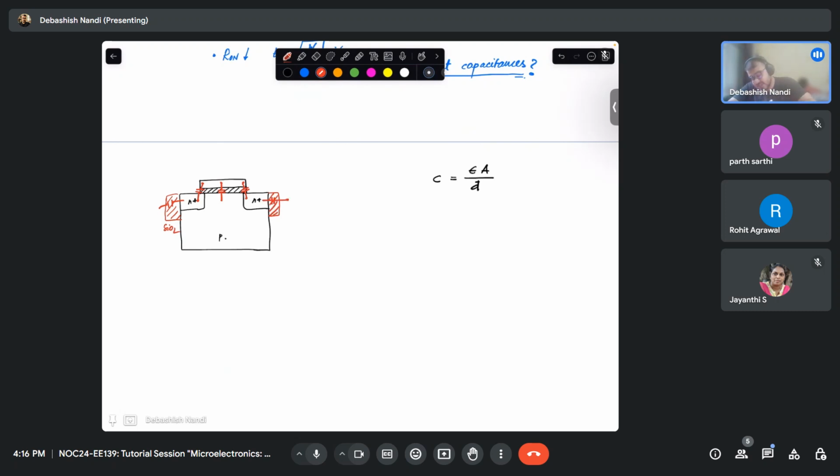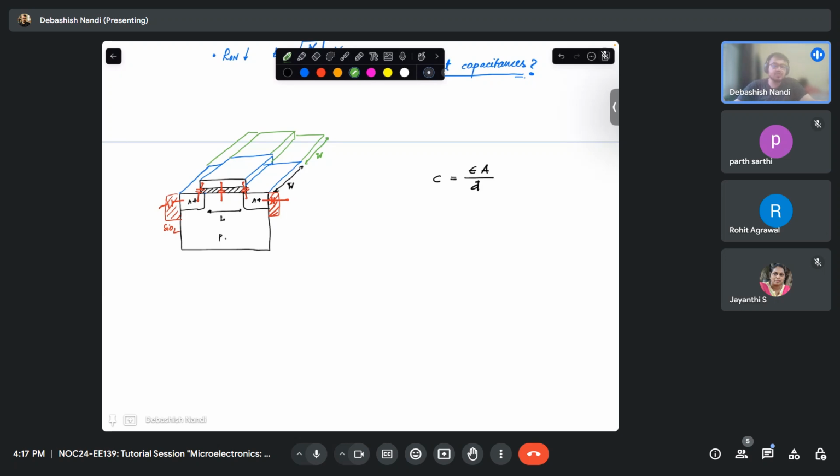But what is increasing basically when you are increasing your W? Let's say earlier your device was till this much dimension. So this was your device dimension. Now what you are doing, you are increasing your W. So what was your L and W? This was your L and this was your W, right? Now you are increasing W. That means you are adding extra area, right? So now it is 2W, let's say.